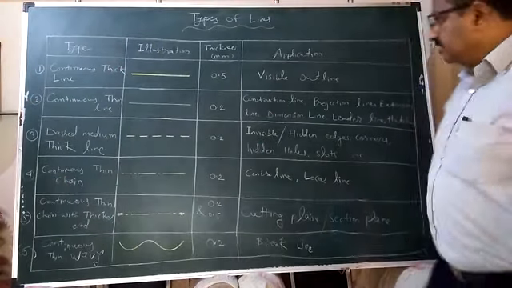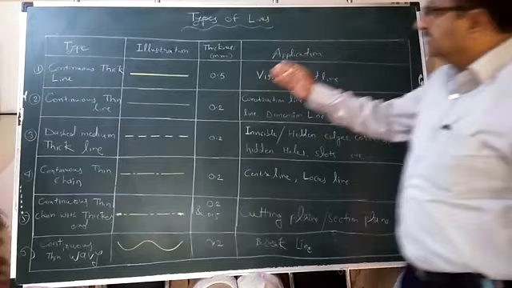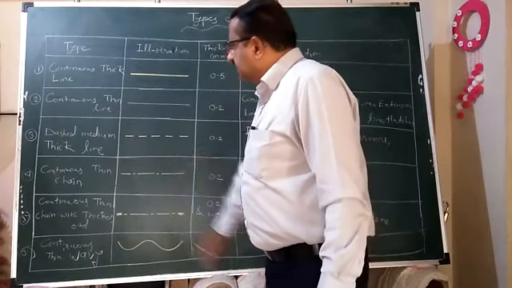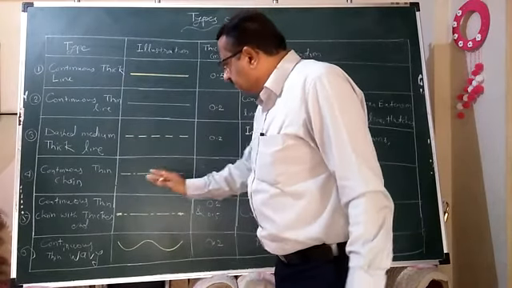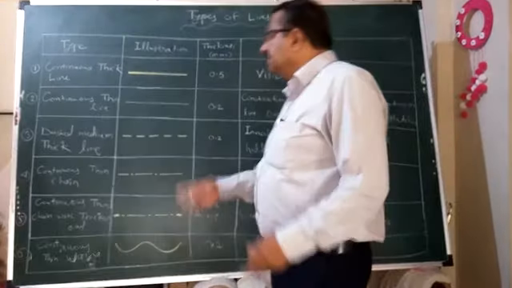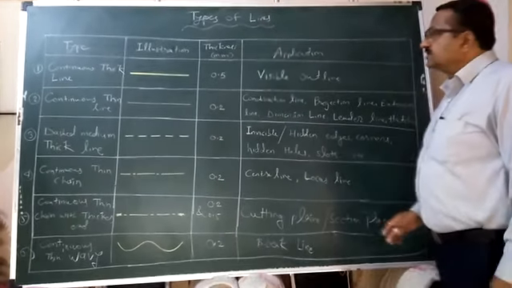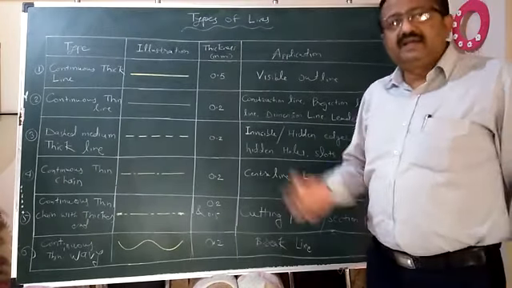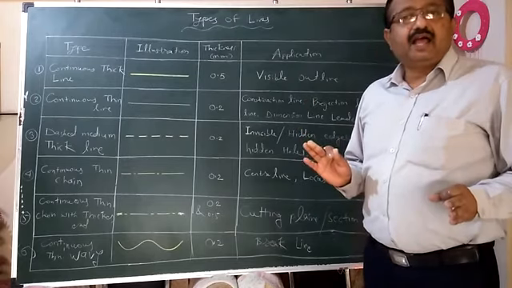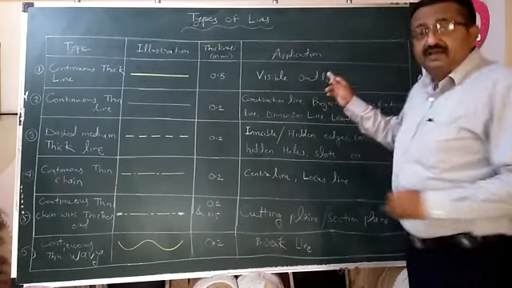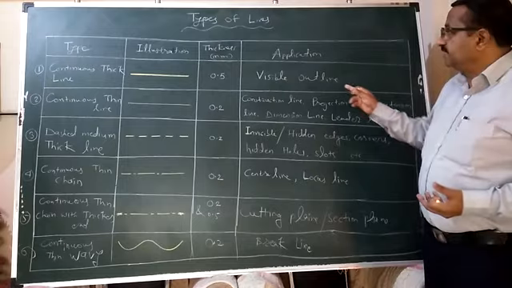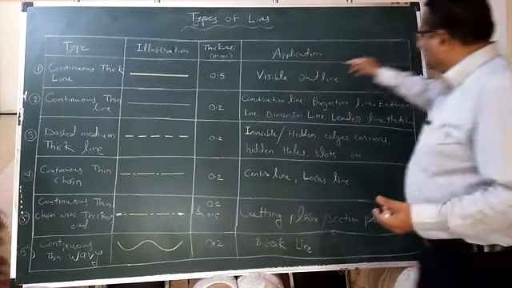Okay, so different kinds of lines, right from continuous thick line, thin line, dash medium thick line, continuous thin chain with thicker ends, and continuous thin wavy. These are the different kinds of lines which are frequently, repeatedly required to be used as per the requirement. Okay, yes, these are the different applications.